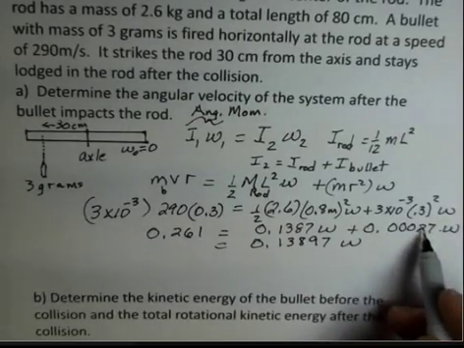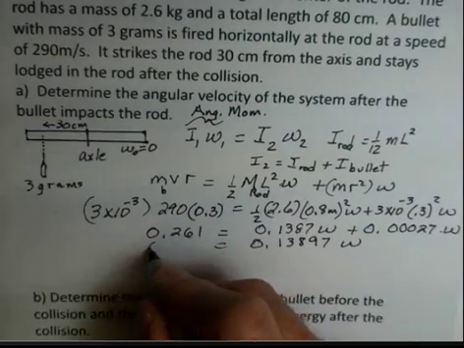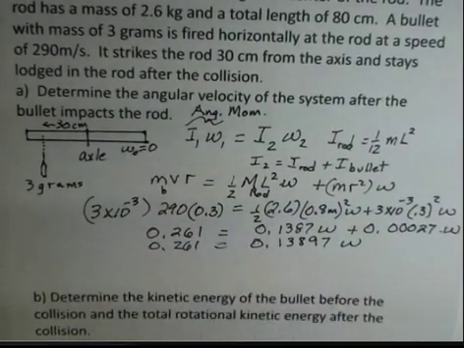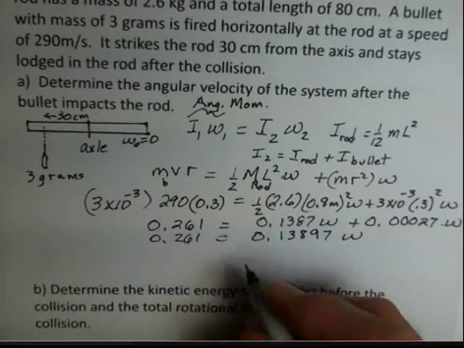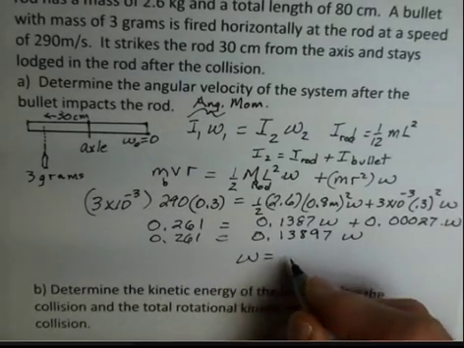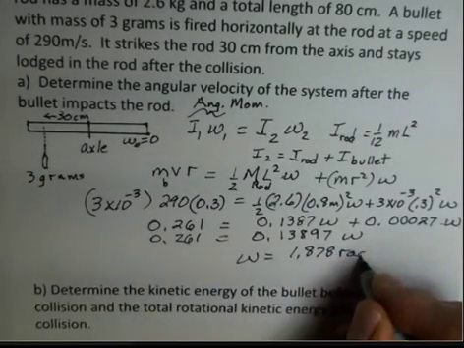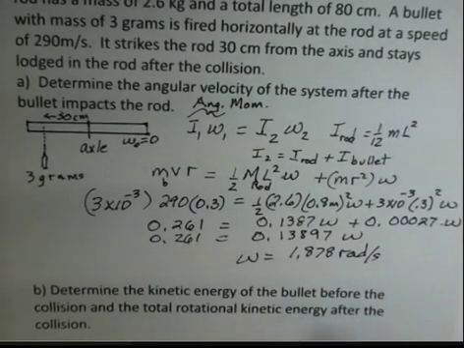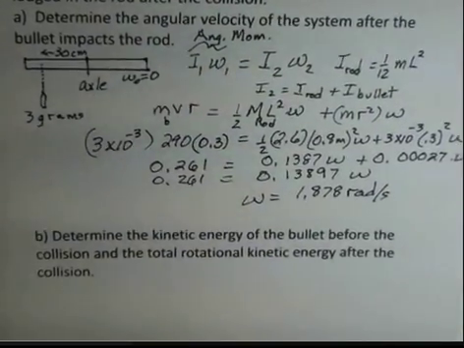The 2 is in the position of the 7 here, so I think I've added those correctly. Again, you should check my work. Now I'm ready to divide and find omega, and the omega I come up with is 1.878 radians per second, or roughly 1.88 radians per second. So there's our omega using conservation of momentum.